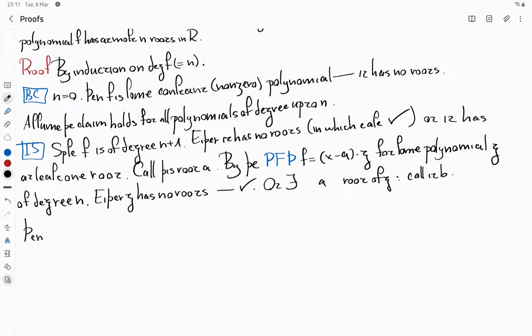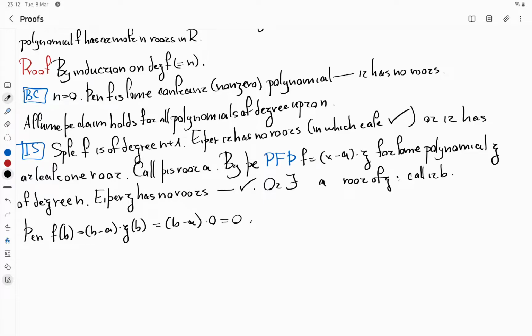Then we have f of b is equal to b minus a times g of b, and because b is the root of g, this is equal to b minus a times 0, and this is 0.